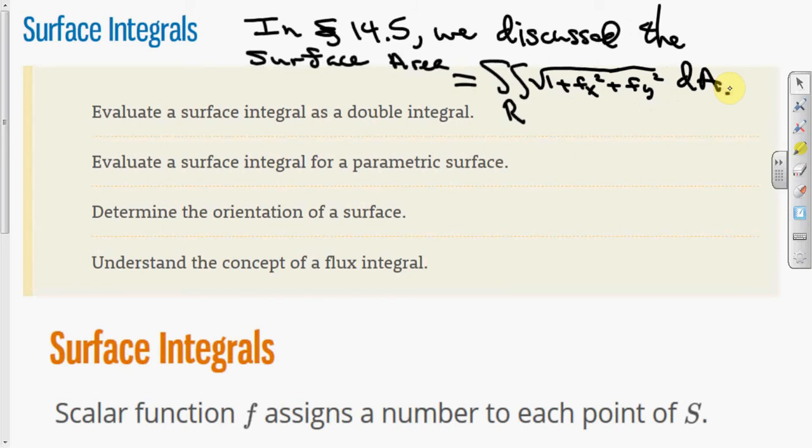So if we take this double integral and assign a function to it, then we call that integral here the surface integral.